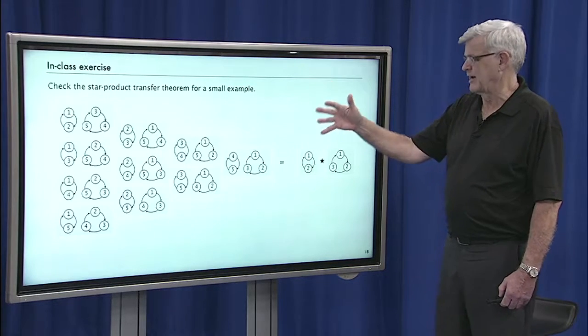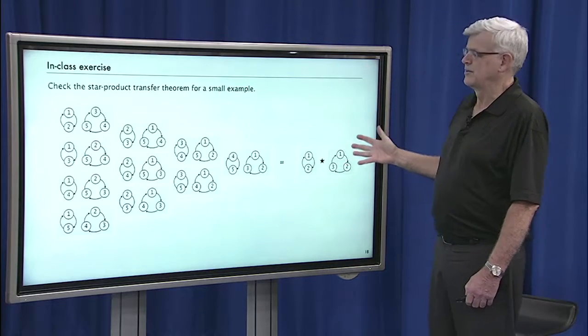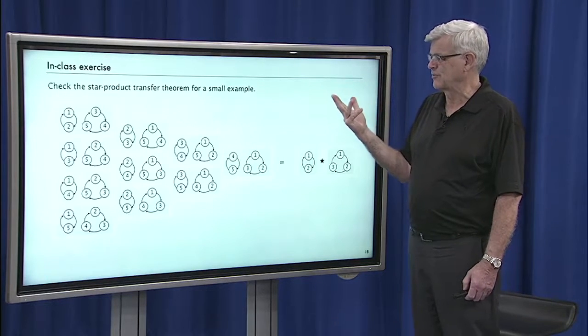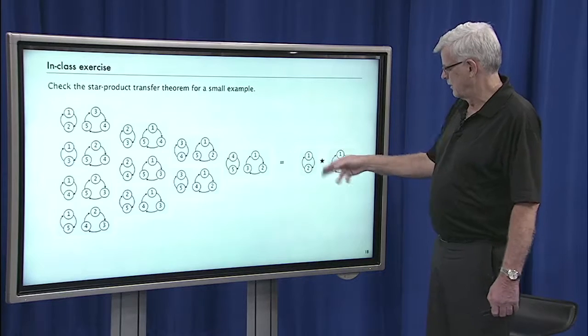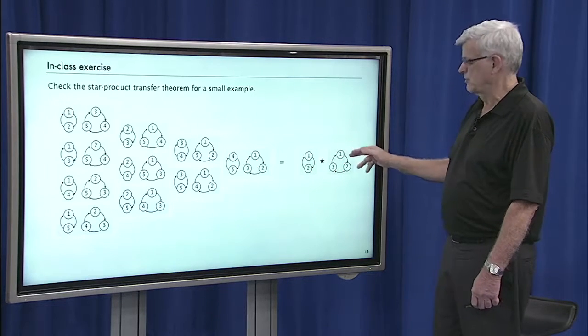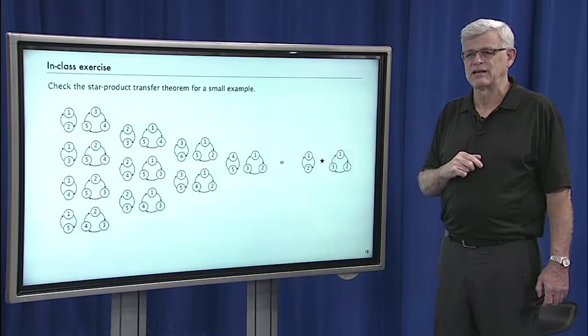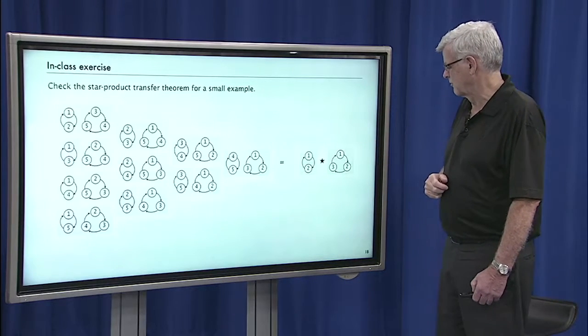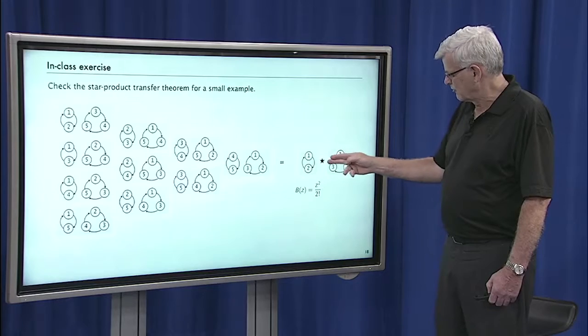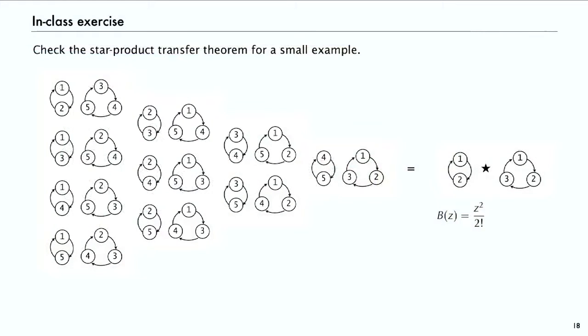Just as an exercise, it's wise to look at this star product transfer theorem for the small example that I showed before, where 1 2 star 1 3 2 is equal to those 10 objects. How does that work in terms of the exponential generating functions? Well, the exponential generating function for 1 2 is just z squared over 2 factorial. It's just one object. And for 1 3 2, it's z cubed over 3 factorial.